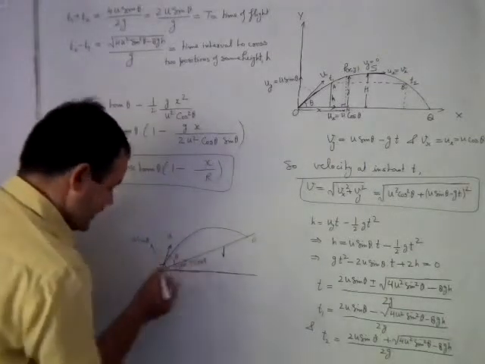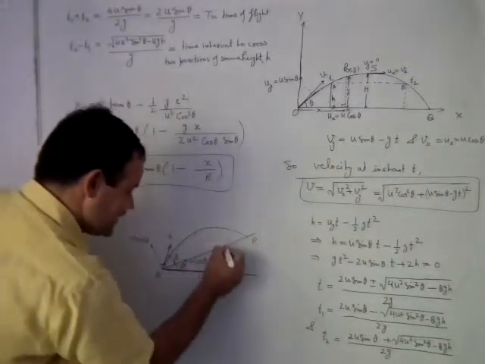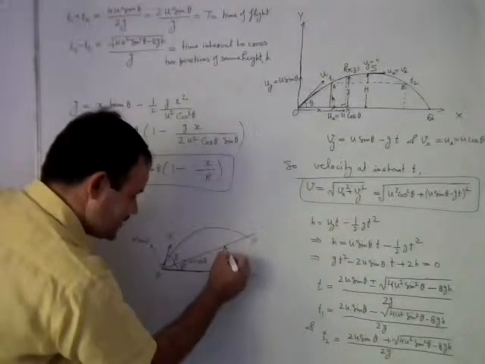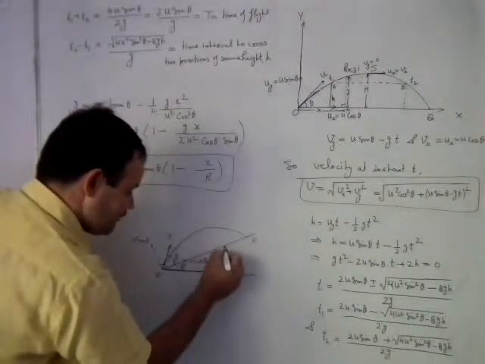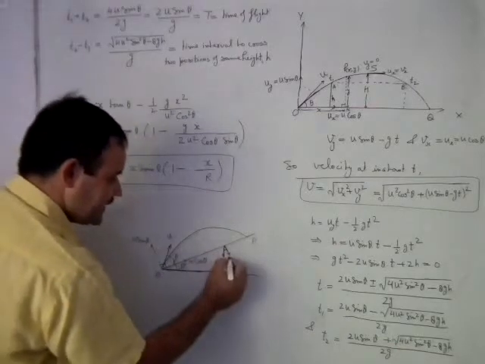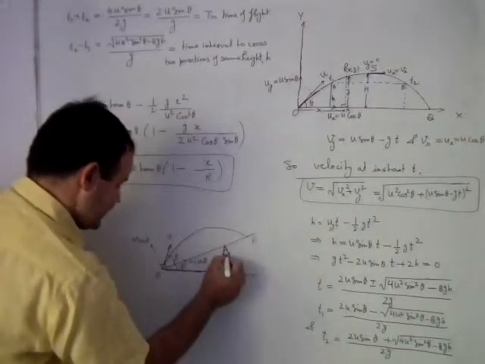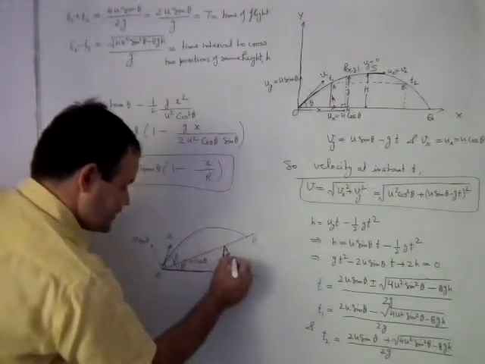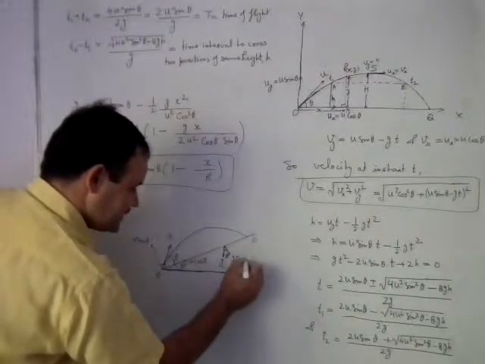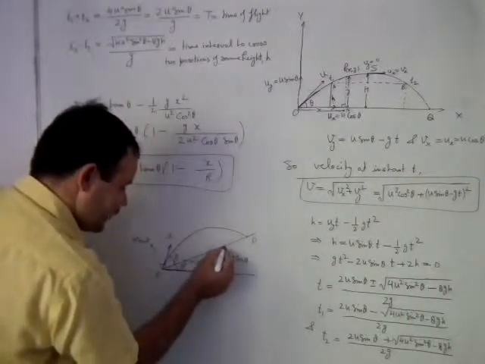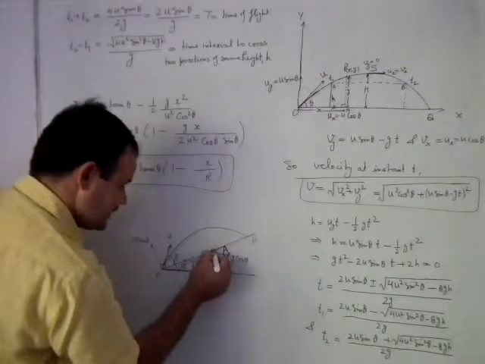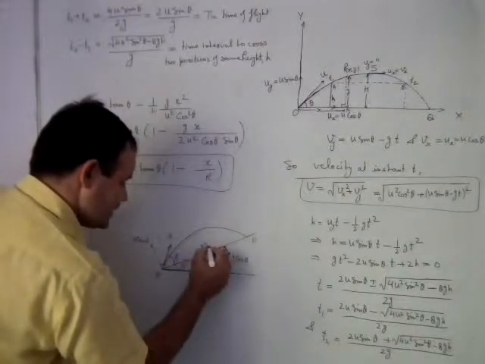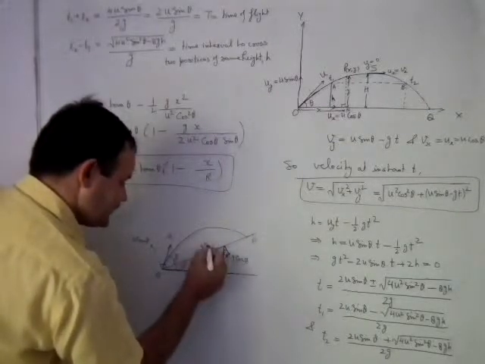Both the motions are uniformly accelerated because we are considering g, which is acting vertically downward. If this is the direction of g, then the component of g perpendicular to the incline will be g cos phi, and along the incline it will be g sin phi.